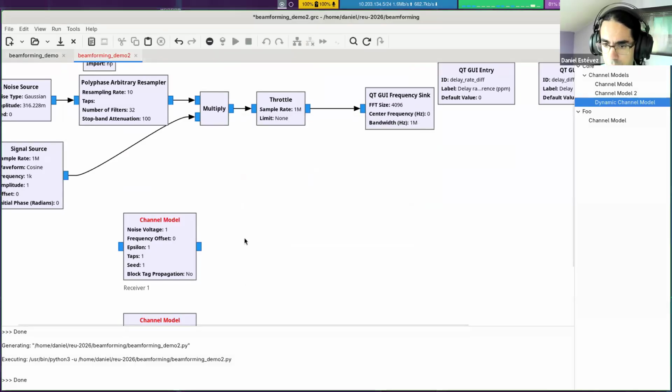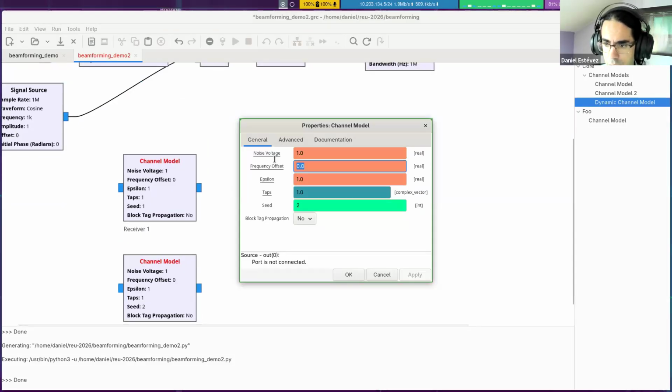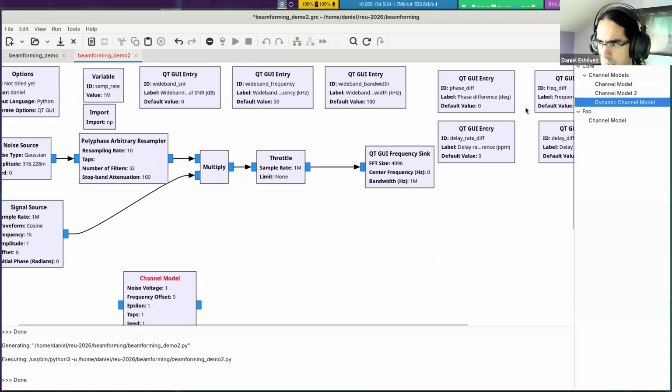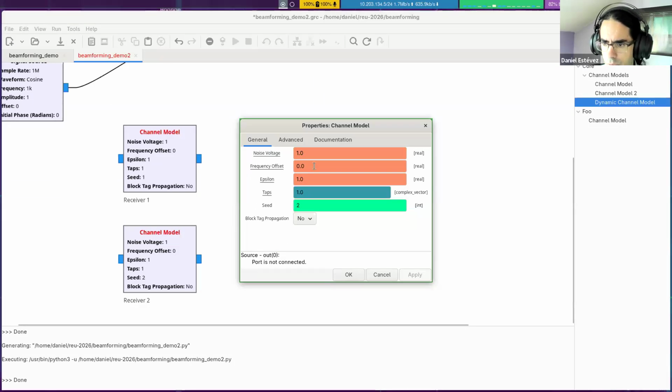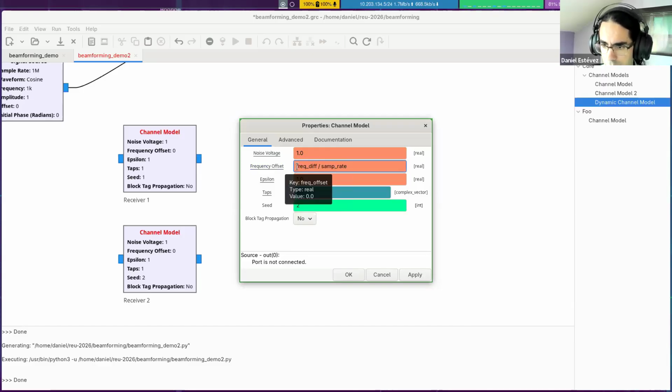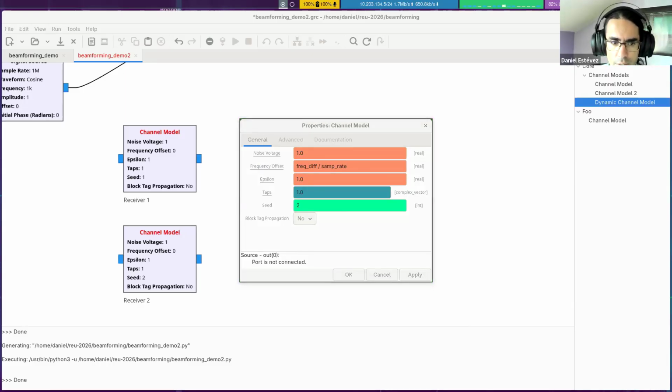Then the calculation we need to do here, but in receiver 2 actually, is what's the name that I gave to this frequency difference? So frequency diff divided by the sample rate. Again, this is supposed to be a fraction. So the value we put in here is supposed to be a fraction of the sample rate. So that is how we calculate it.